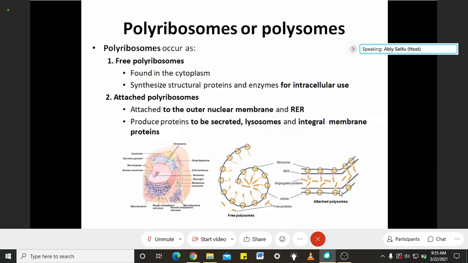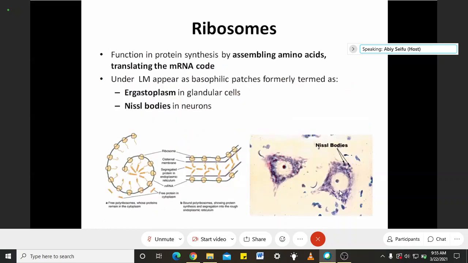So they need a large amount of proteins to be produced. In this type of case, they need to have a large amount of polyribosomes. So you see, this tells us why we should not think that organelles are all found in a similar manner throughout the different types of cells.